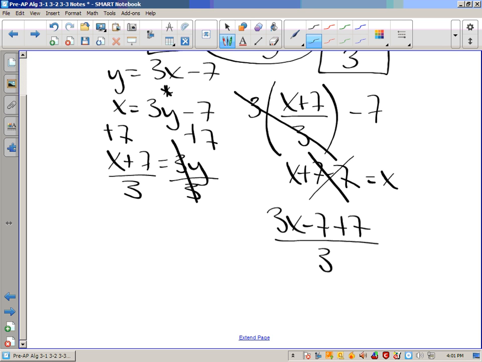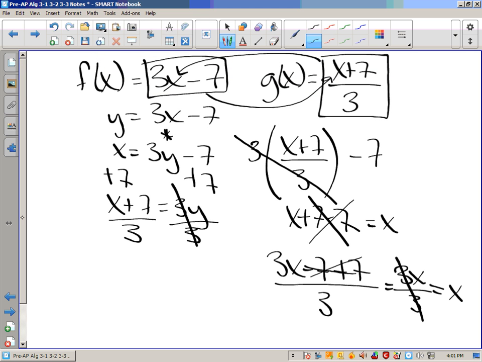The negative 7 plus 7 cancel. The 3's cancel, and you're left with x. So no matter what you put in, so if you go from g of x to f of x or f of x to g of x, doesn't matter. Both times you simplify and you find x.